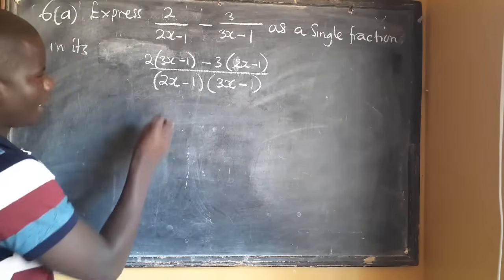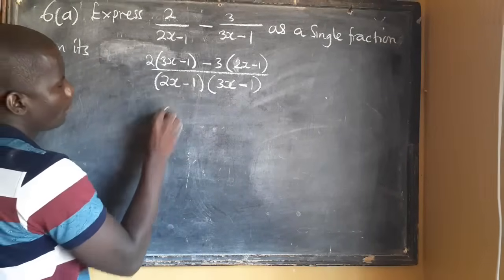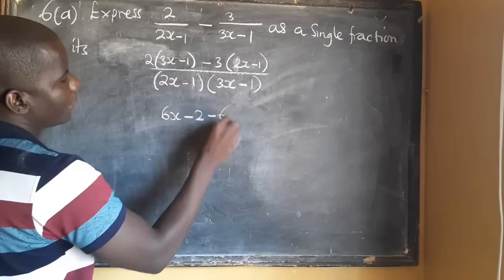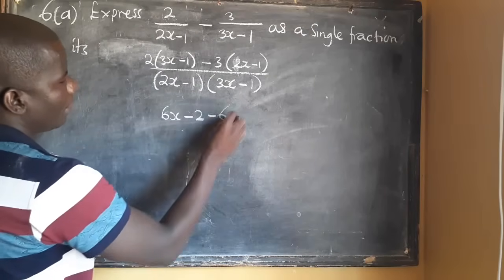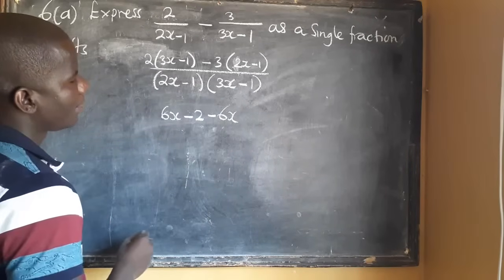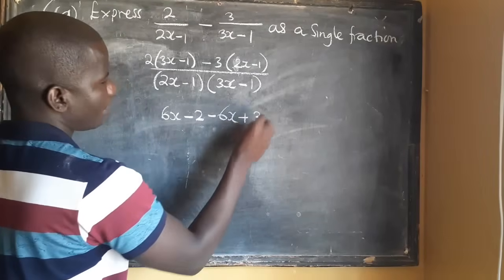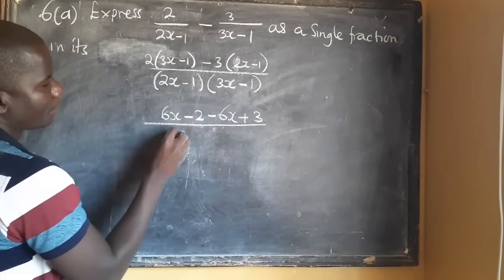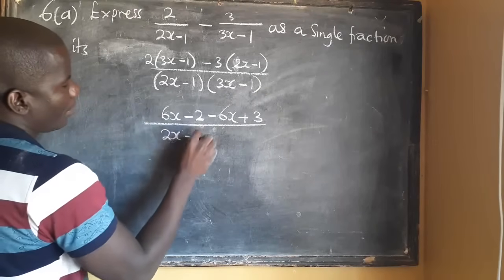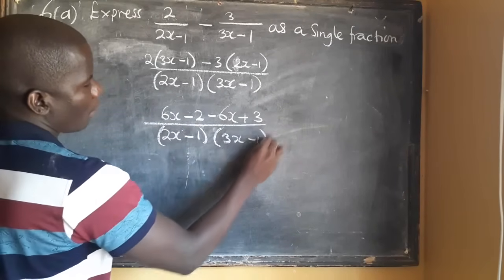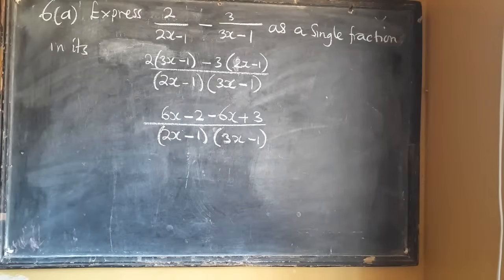All right. So we go further and say 2, this will be 6x minus 2 minus 6x, all right, 6x plus 3 over 2x minus 1, 3x minus 1.